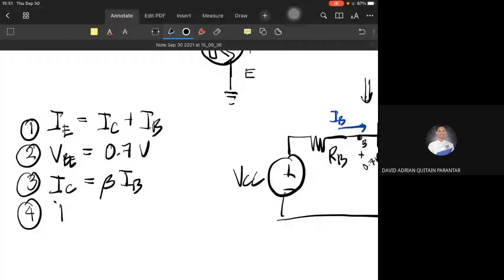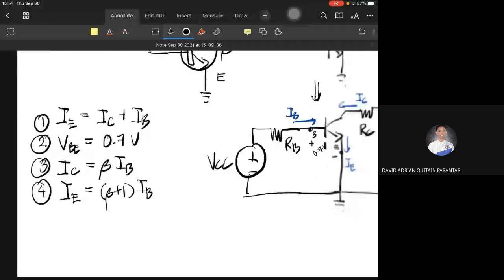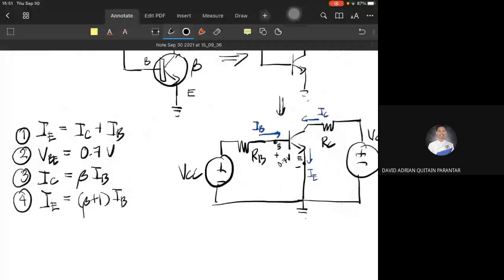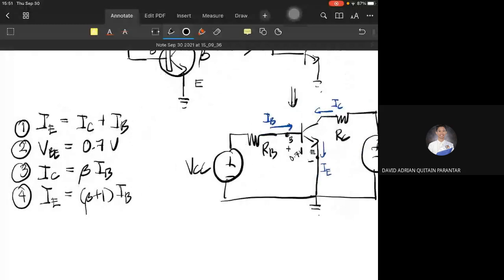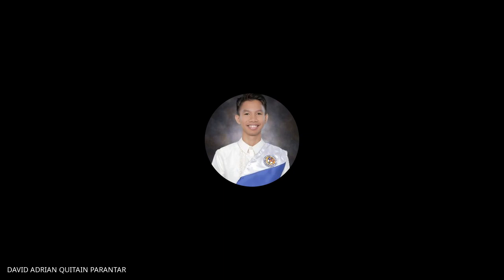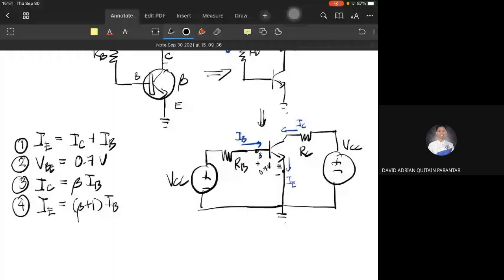And also IE equal to beta IB. So these four are the most essential formulas to describe a transistor. All the other formulas to obtain other parameters like VCE, or even the formula to get IB in the first place, are dependent on the circuit.